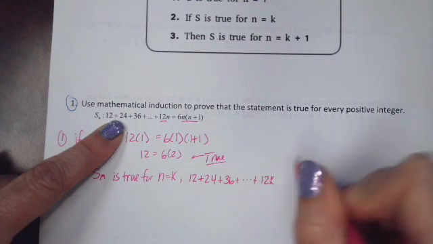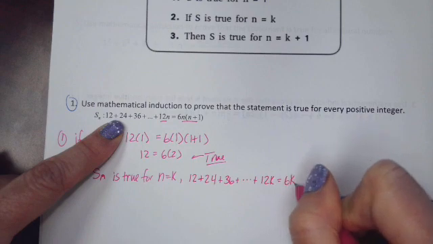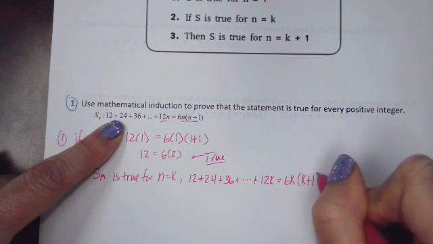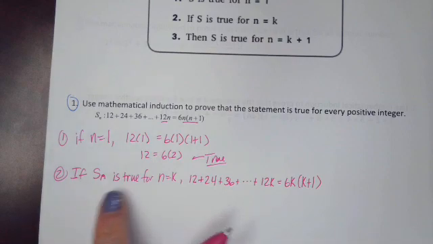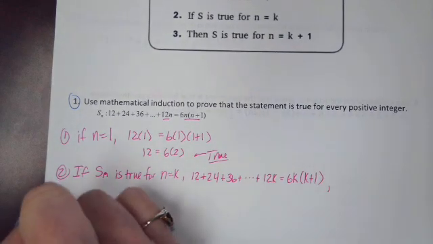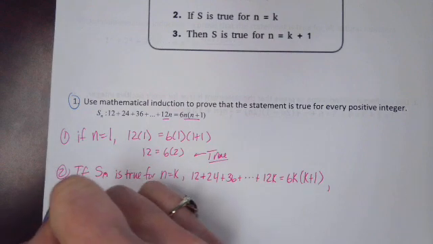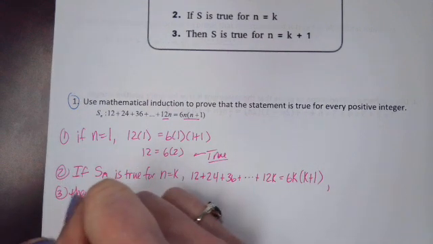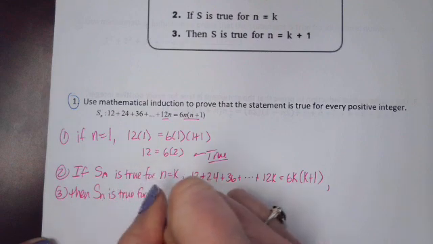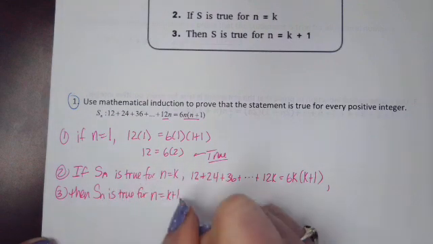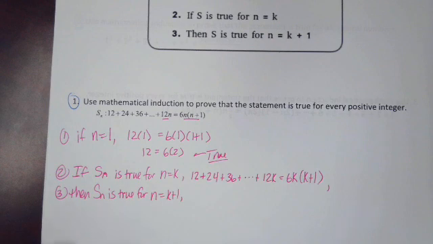So that becomes 12k equals 6k times k plus 1. So if my statement S sub n is true for n equals k, then that third step is to show that the statement is true for n equals k plus 1, that next term in the sequence.